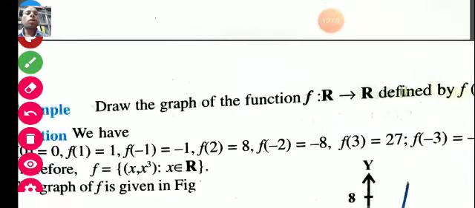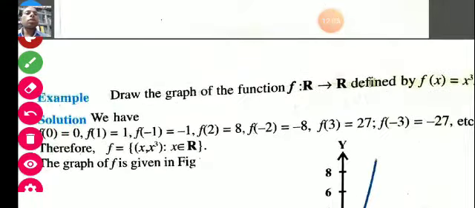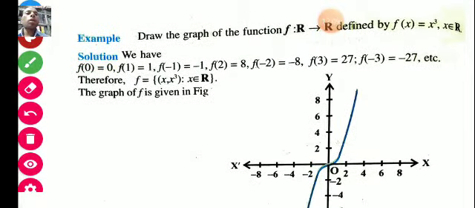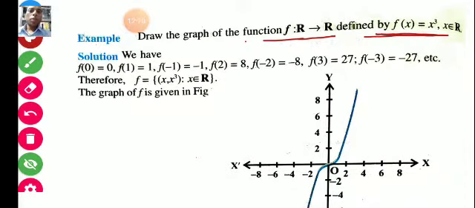So now we will see another example, which asks us to draw the graph of the function f from real numbers to real numbers, defined by f of x equals x cube. Generally we know this one as a cubic function. When any polynomial has highest degree 3, it's called a cubic function.